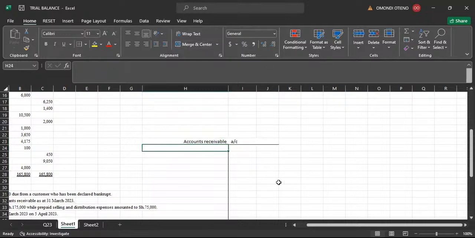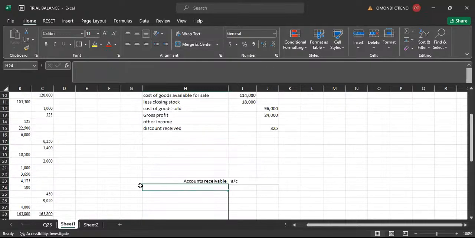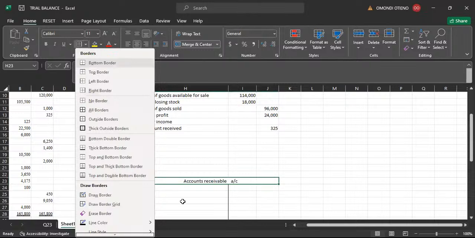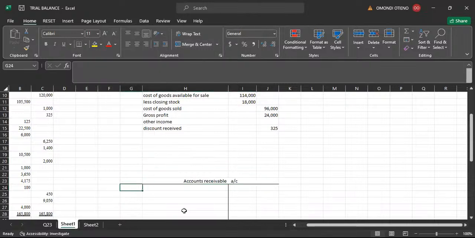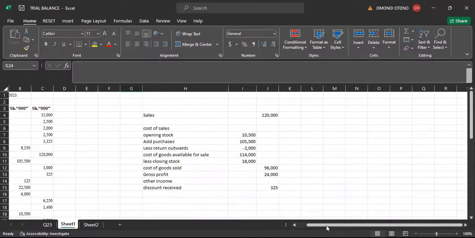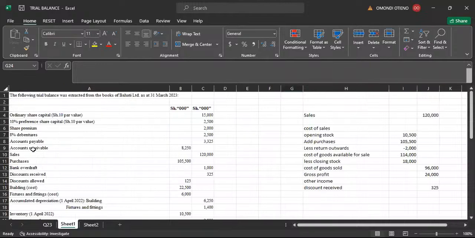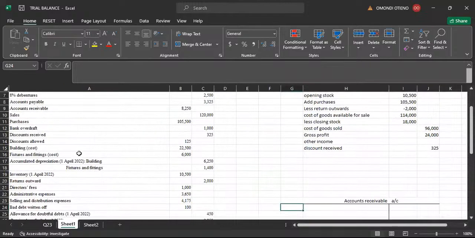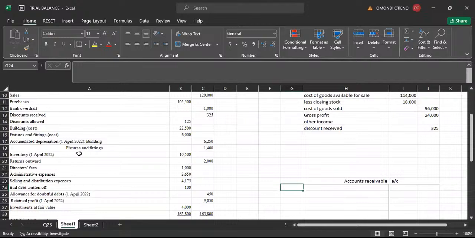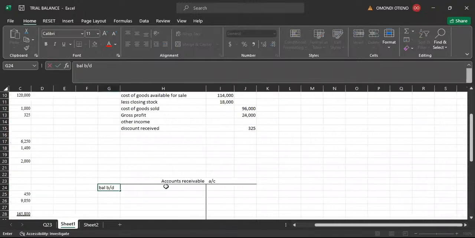So these accounts receivable, that is an asset account. So do you have anything in the name of balance brought down? So balance brought down, let's say that is what is there.